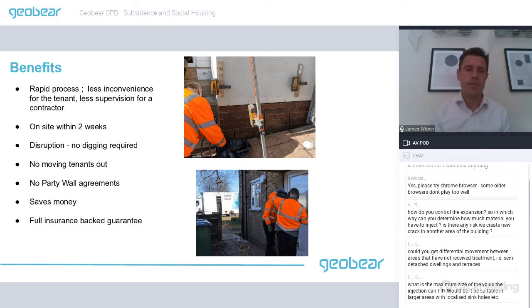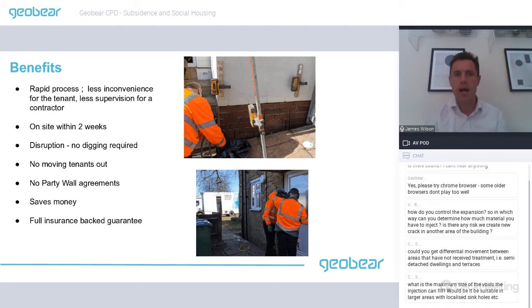But it's far less time than any sort of traditional approach. We're on site very quickly because we don't need things like building control, because we're not doing any digging. We don't need party wall agreements for the same sort of reason. There's no excavation. You save loads of time, so we can be on site so quickly, and we can have it solved with minimal disruption to the residents.